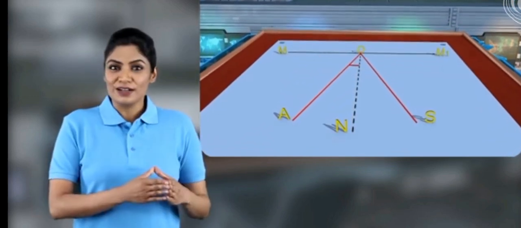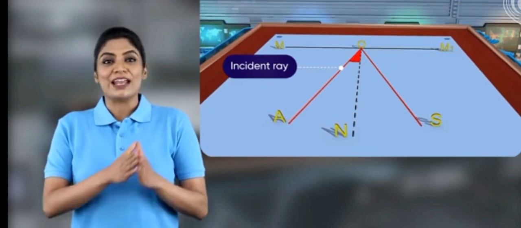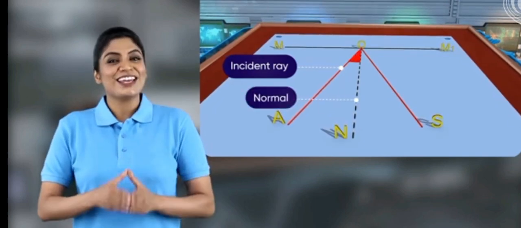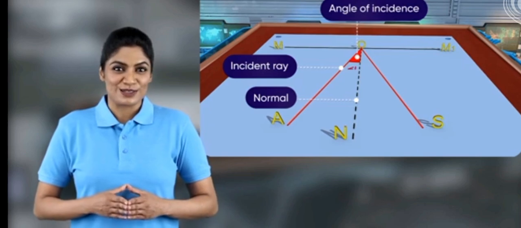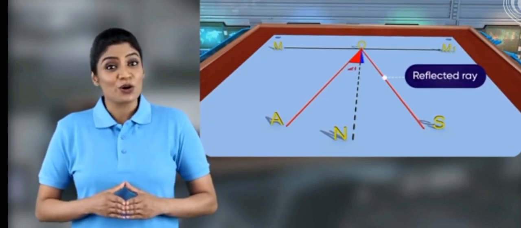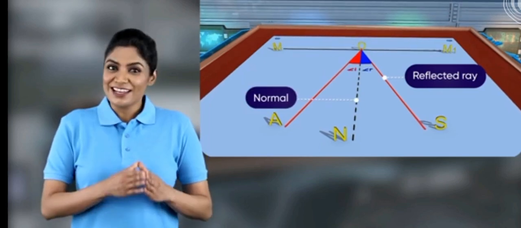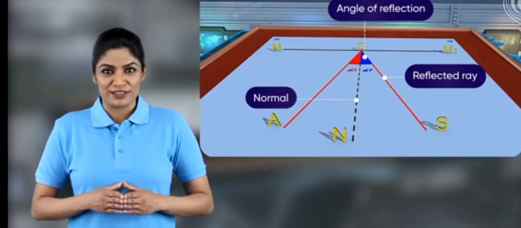The angle between incident ray AO and normal ON is the angle of incidence. The angle between the reflected ray OS and normal ON is the angle of reflection.